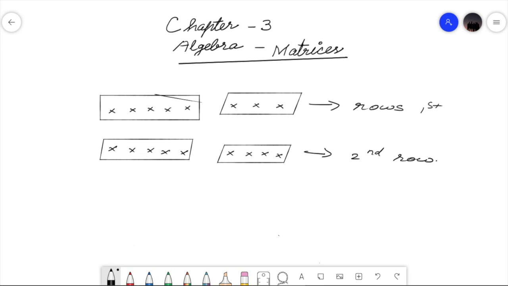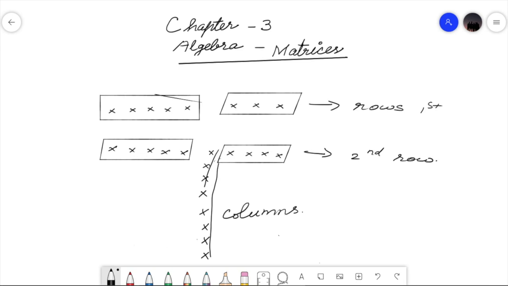And what about the columns? Imagine that you people are standing in the assembly. How do you stand? You'll be standing one behind the other, isn't it? Like this. Am I right? One behind the other. So this type of arrangement is said as columns.